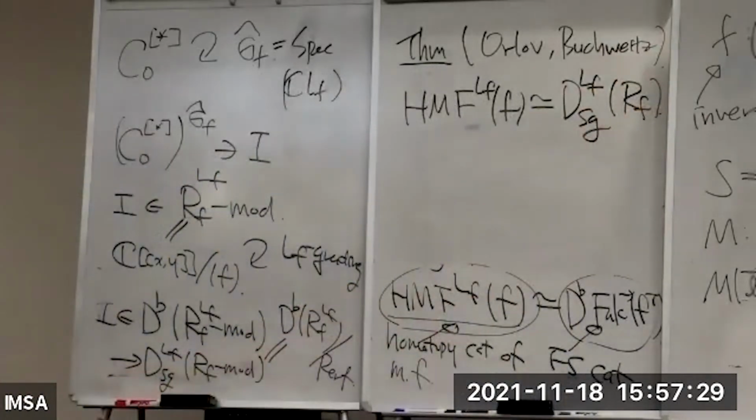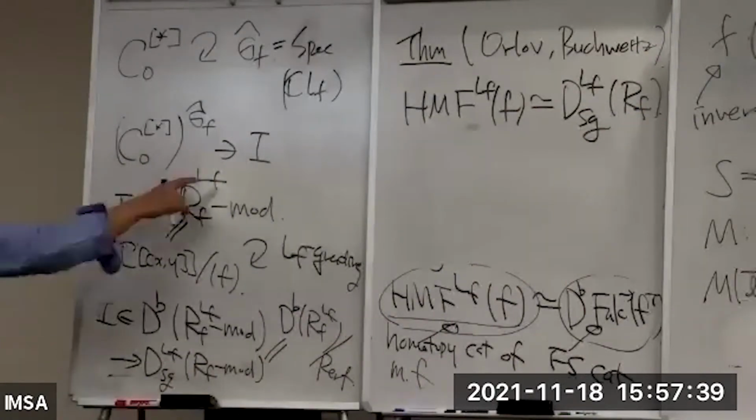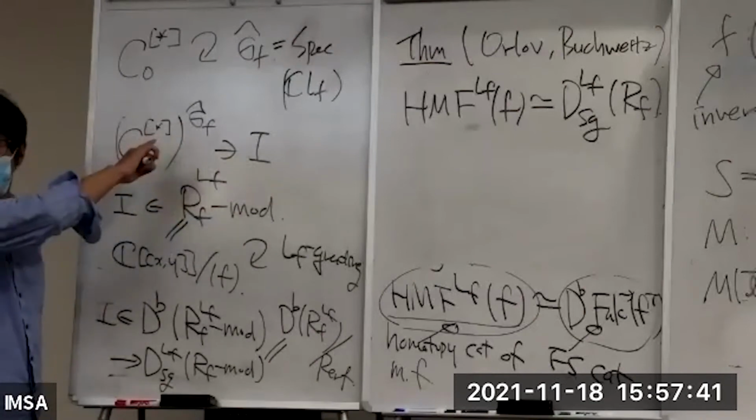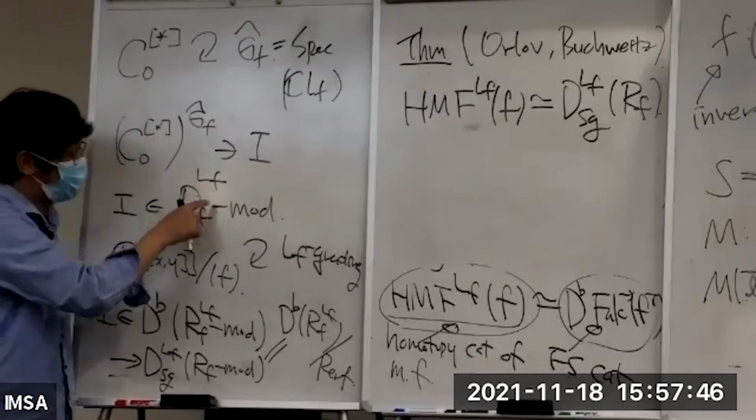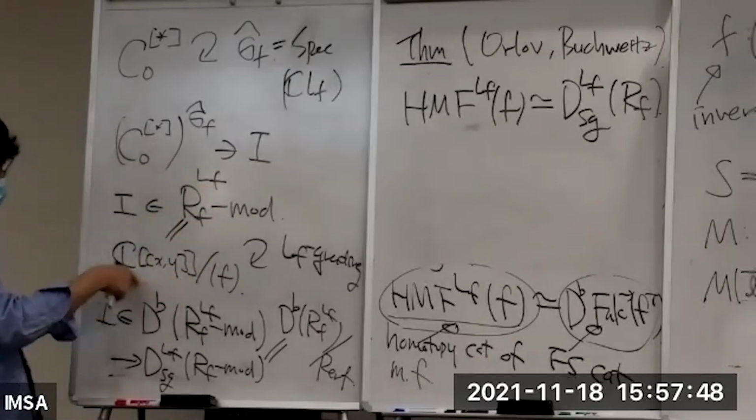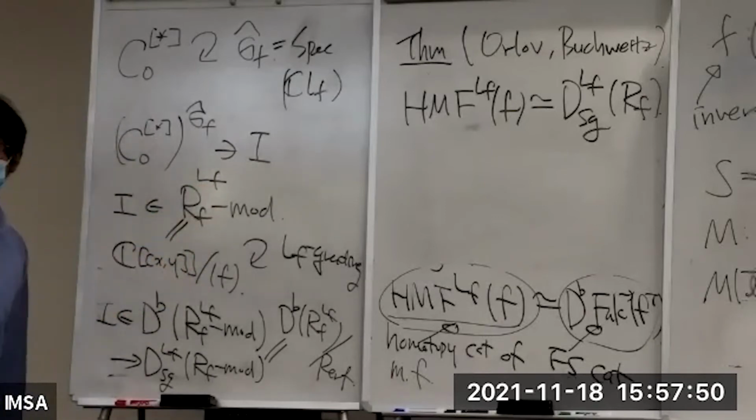Okay. So I is like the equivariant or invariant ideal with respect to this action, and this is equivalent to considering RF graded RF modules. And the RF has an extra natural graded structure.